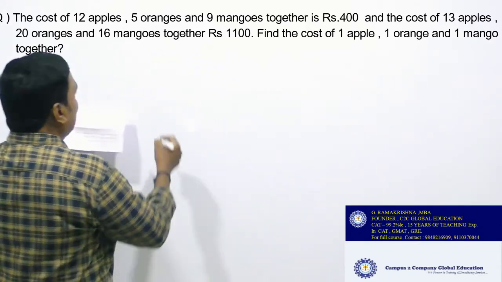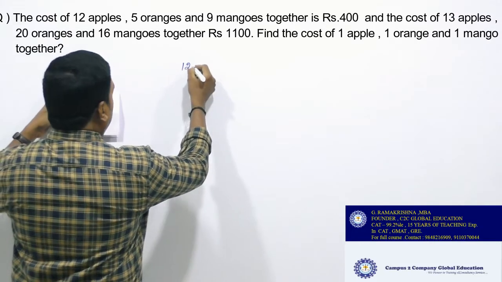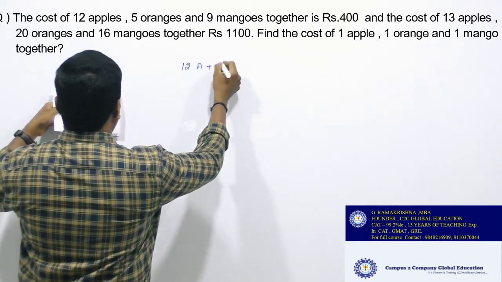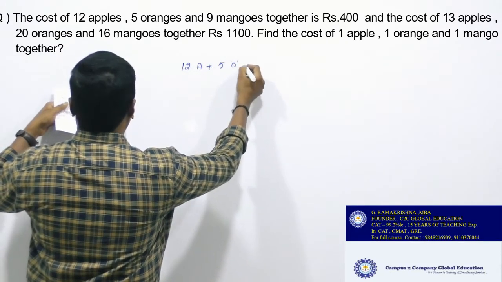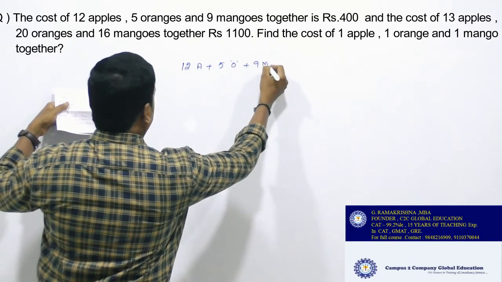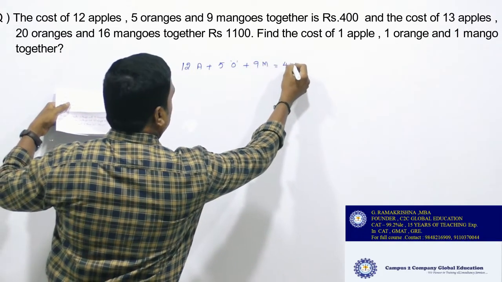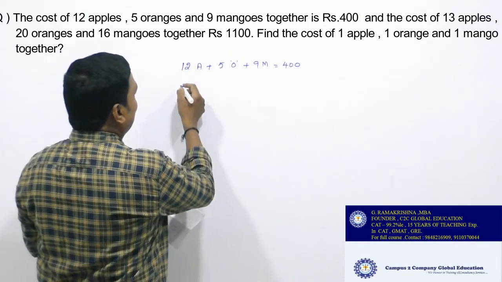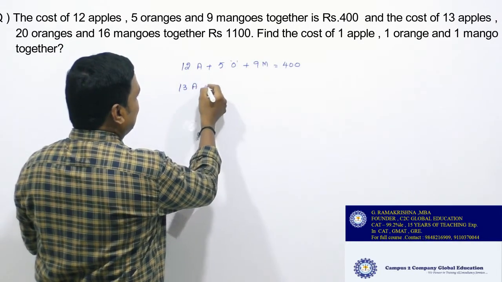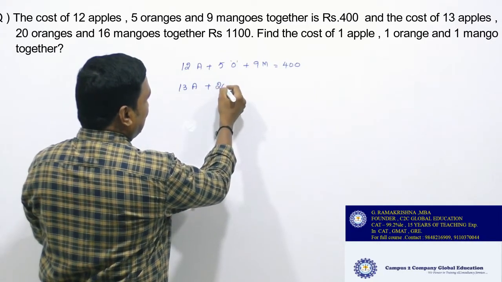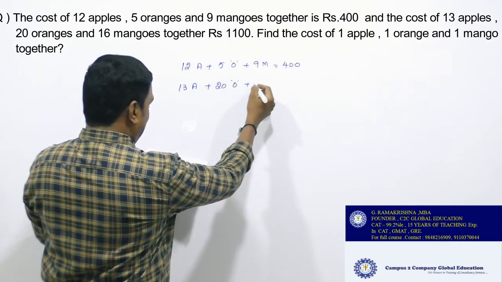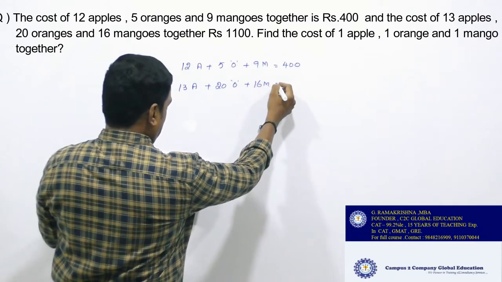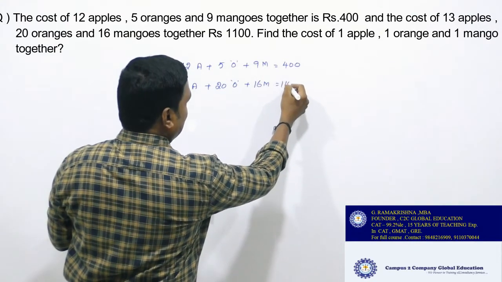If you write the first equation: 12 apples, 5 oranges, 9 mangoes together 400 rupees. Similarly, the second equation is 13 apples, 20 oranges and 16 mangoes, together 1100 rupees.